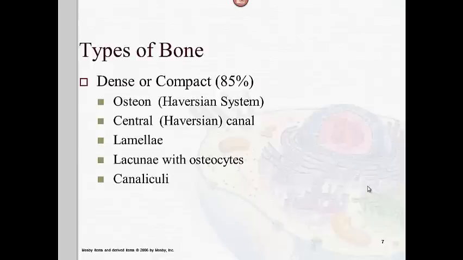Those are the spine, the pelvis, the sphenoid. In addition to this classification, we have other classifications, which are compact bone, which is basically the majority of the bone, about 85%.